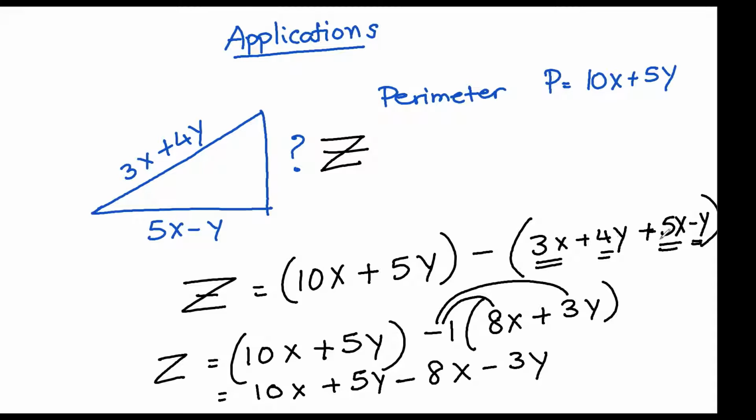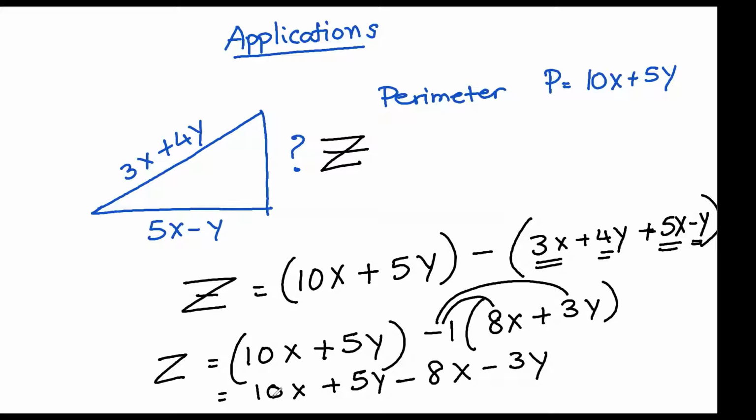Only when you're subtracting. When you're adding, you are just going to combine them, okay? There is no change in the signs of the coefficients. But only when you're subtracting, because you're multiplying by -1, you're going to change the signs of the coefficients, right? So 8 becomes -8, plus 3 becomes -3, so it'll be -8x, -3y.